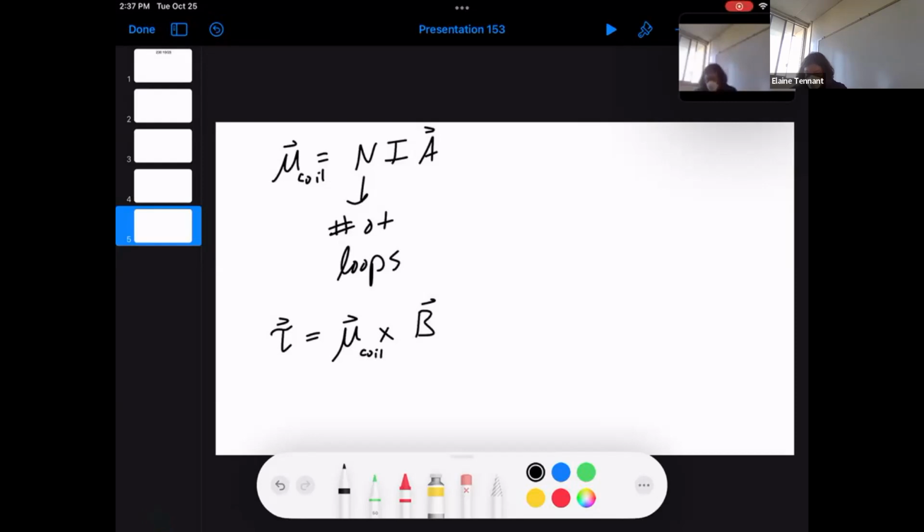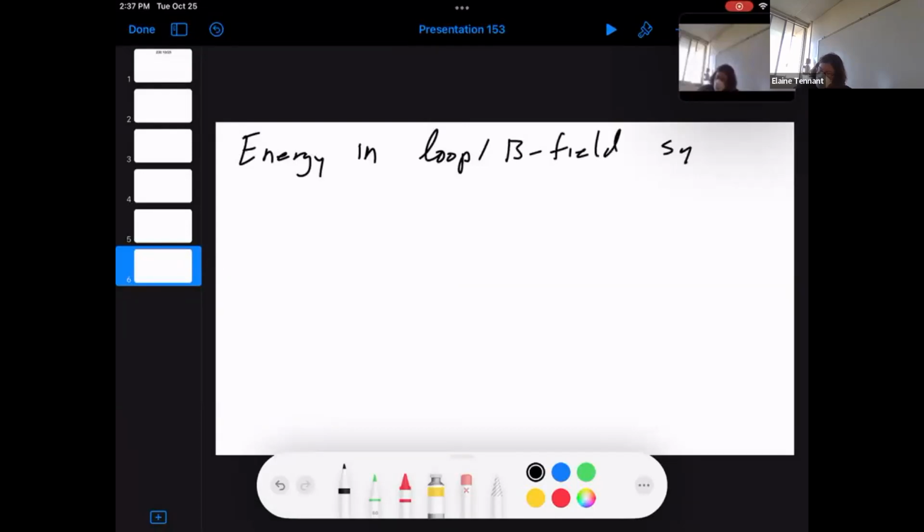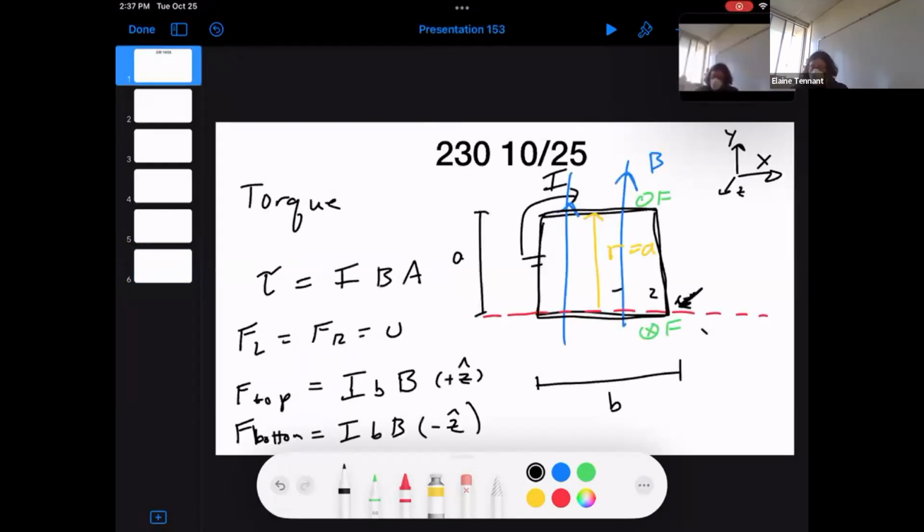There's one more thing I want to look at here, and then we'll do a problem. And that is the energy in this system, in the loop B-field system. Because clearly, if you start here and it's about to start turning, so if I can drop a loop of wire into this magnetic field and it will start spinning, clearly it had some potential energy that could become the kinetic energy of this thing spinning.